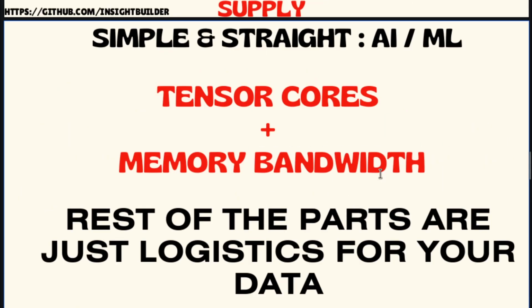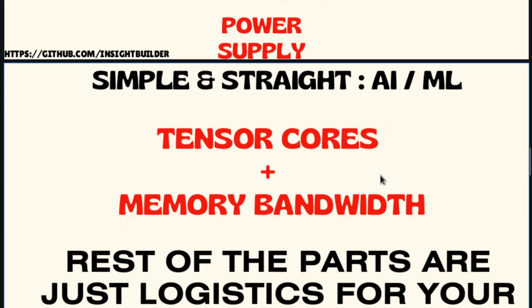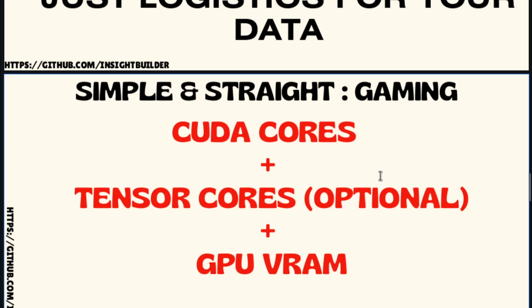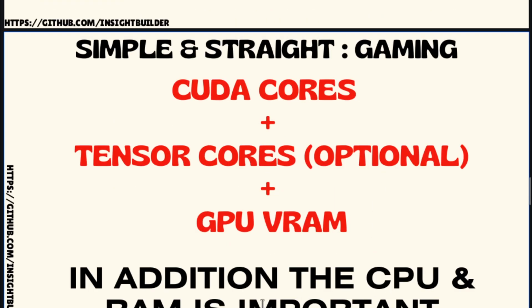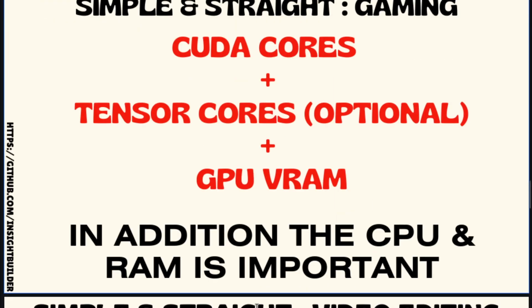However, artificial intelligence is not like that. Once you move the data from your dedicated RAM to the VRAM, that is the GPU, it is not sent back. So it's a one-way process in the case of AI/ML, but in the case of gaming, it's a two-way process. So that's why the CPU and the RAM are very, very important.